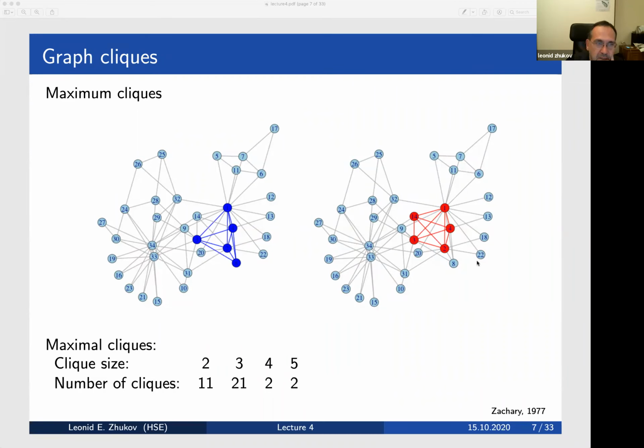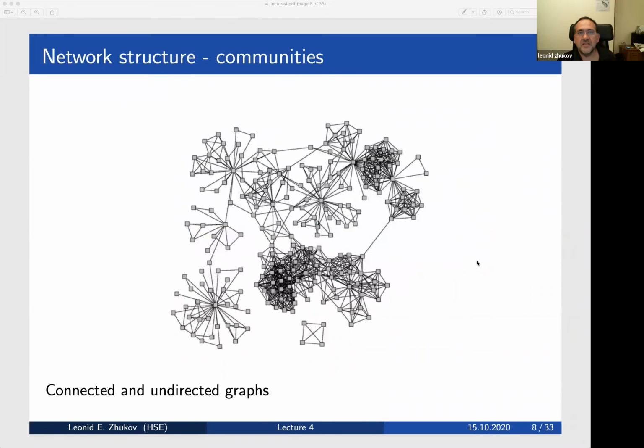Okay. So now we're going to switch to the main topic for today's lecture, network communities, network community detection. The idea is that when you look at these graphs, and this is an example of one of the graphs, you realize that there are some groups of nodes like here, or maybe this one, or this group.